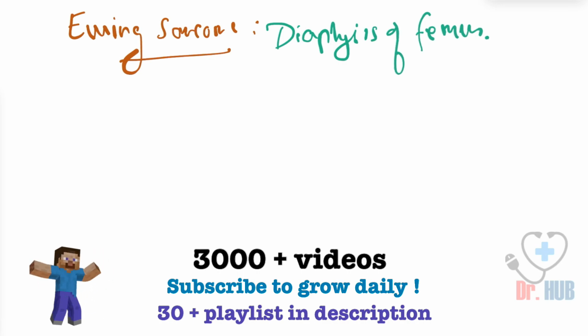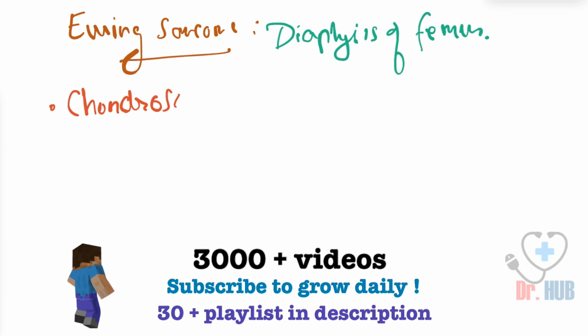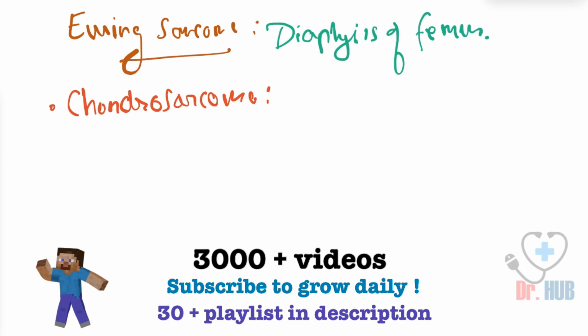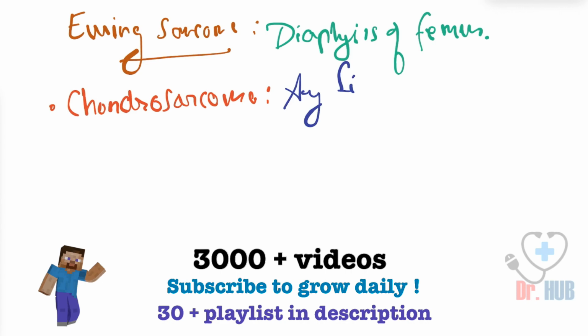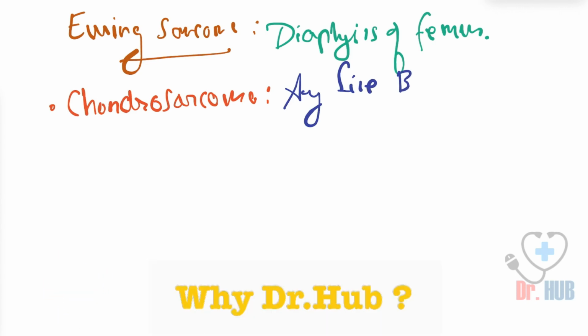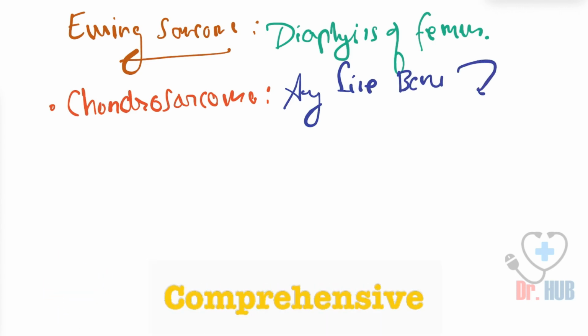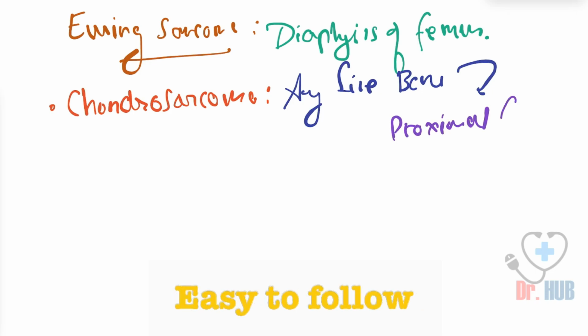Then what about the chondrosarcoma? The chondrosarcoma can be present at any site in the bone, and most commonly it is present in the proximal femur.